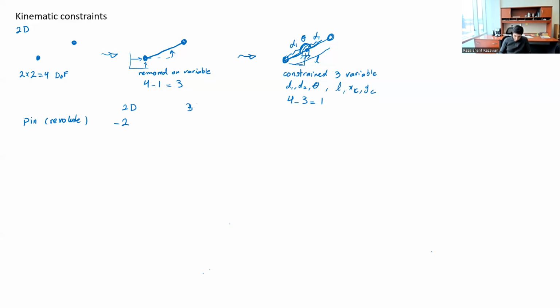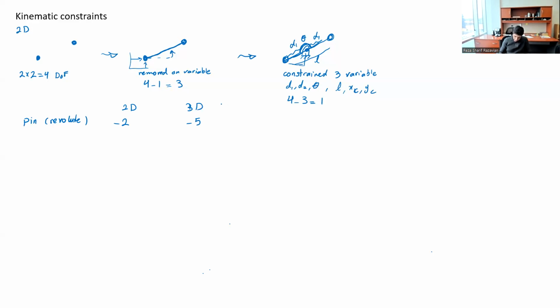And in 3D, think about it, it subtracts 5. So it subtracts the XYZ position of one joint, and also it restricts the axis of rotation. So you're only left with one degree of freedom of the rigid body left.